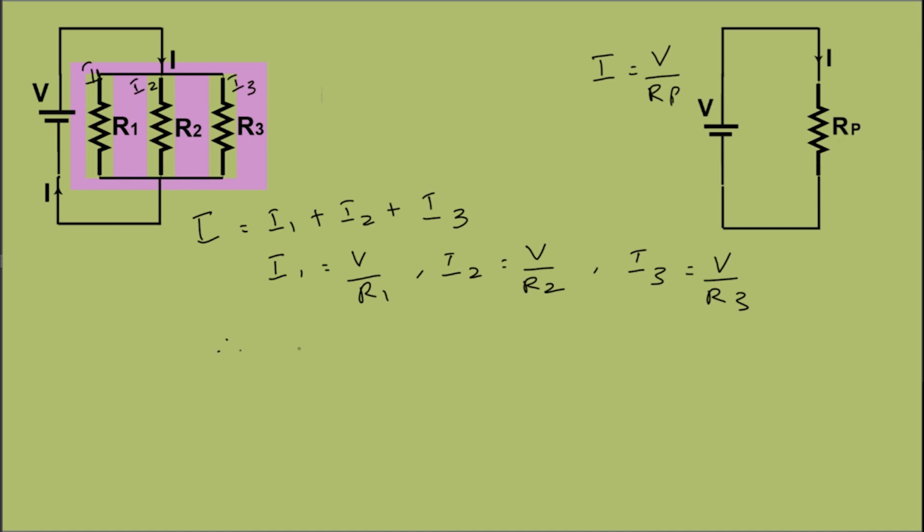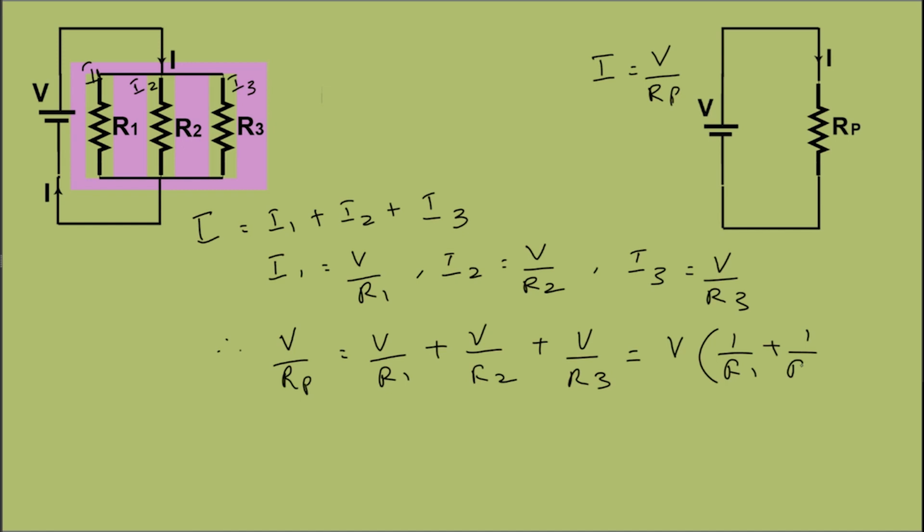Therefore it can be written as V by Rp is equal to V by R1 plus V by R2 plus V by R3, that is equal to V, a common factor, into 1 by R1 plus 1 by R2 plus 1 by R3. Cancelling the common factor V from the left hand side and right hand side, the equation can be written as 1 by Rp is equal to 1 by R1 plus 1 by R2 plus 1 by R3.